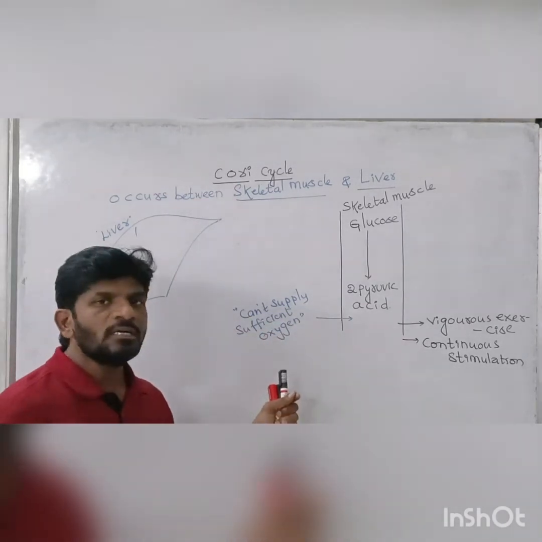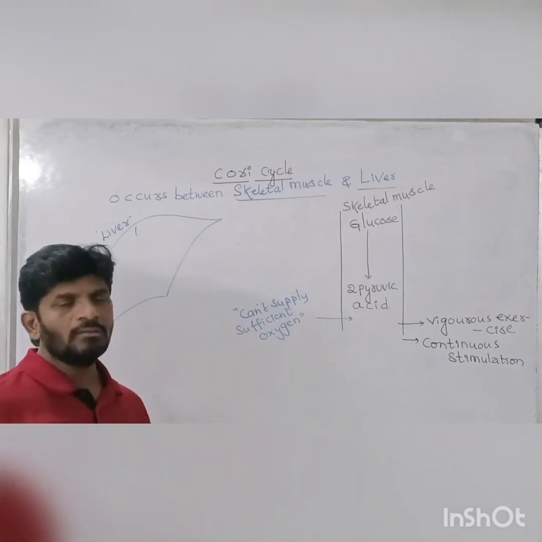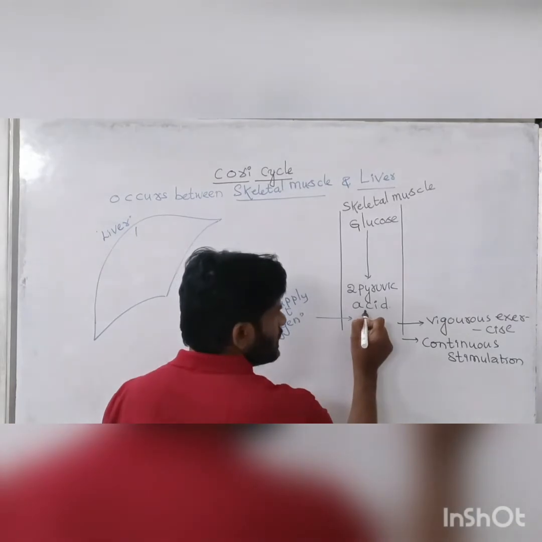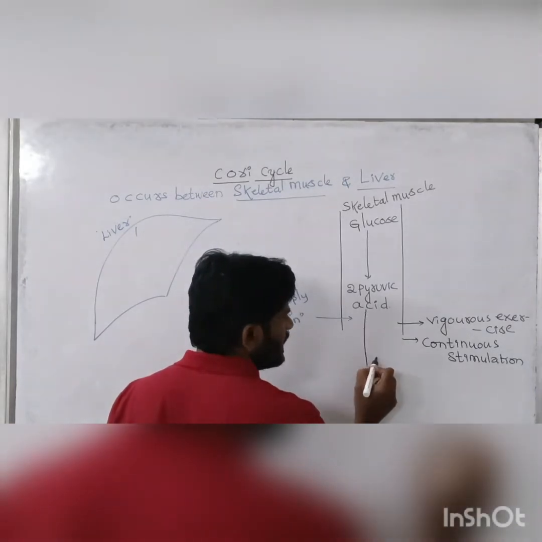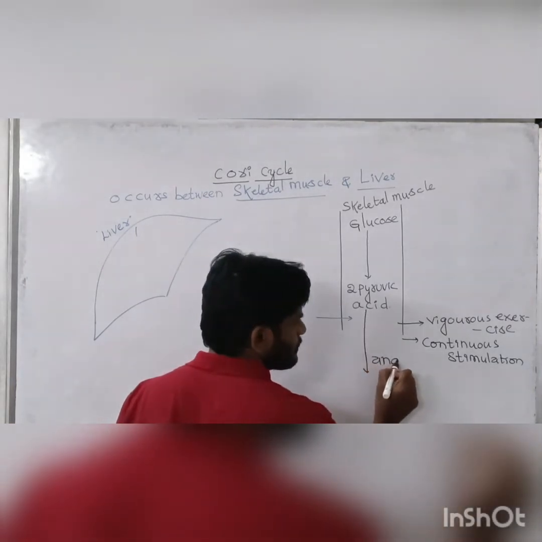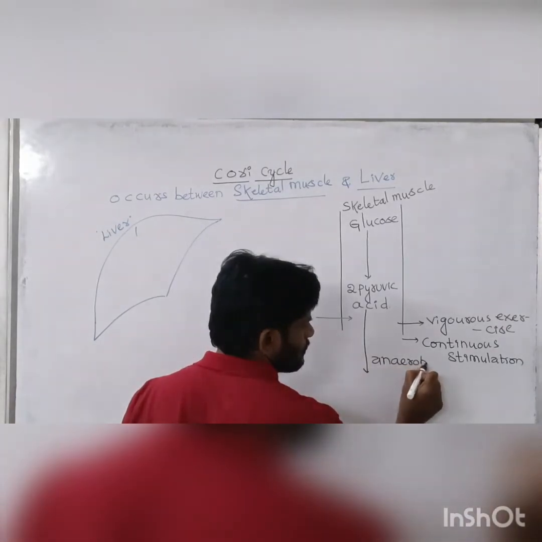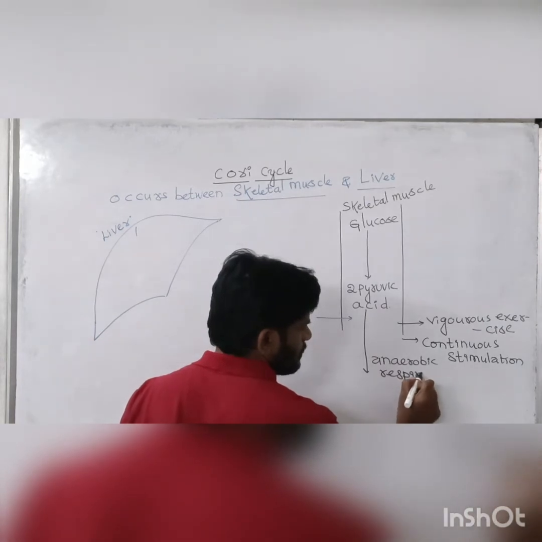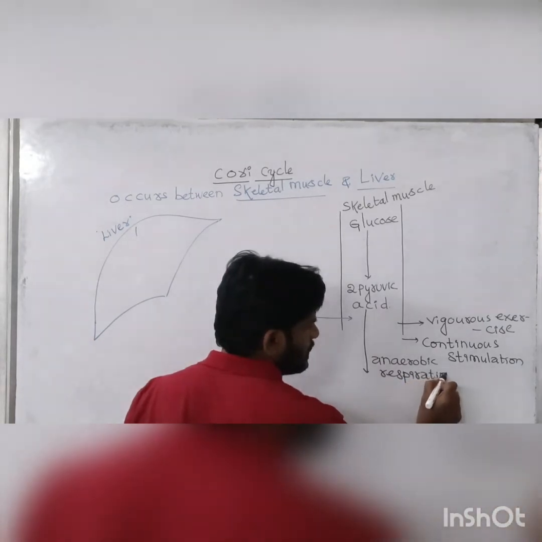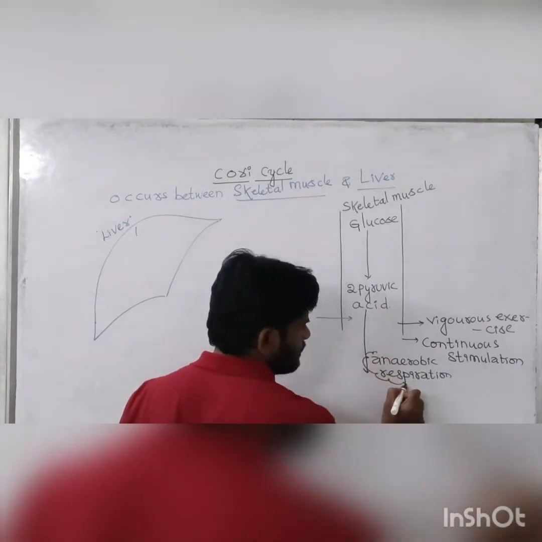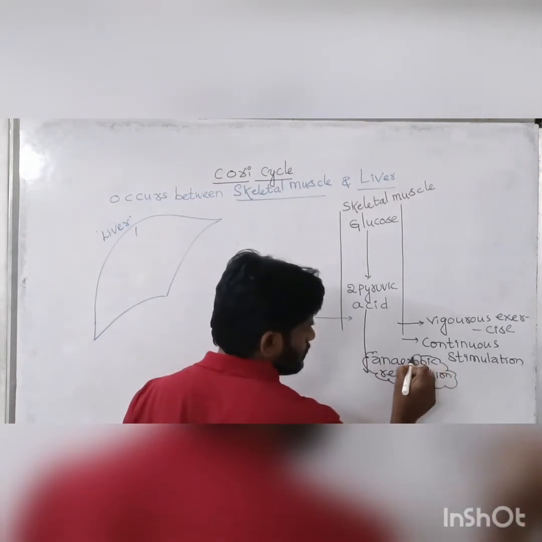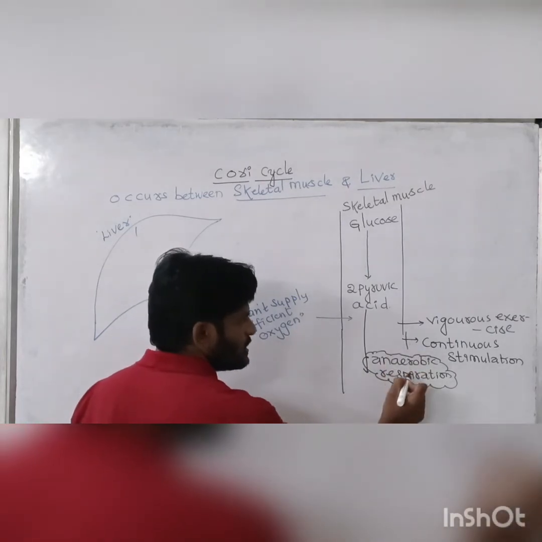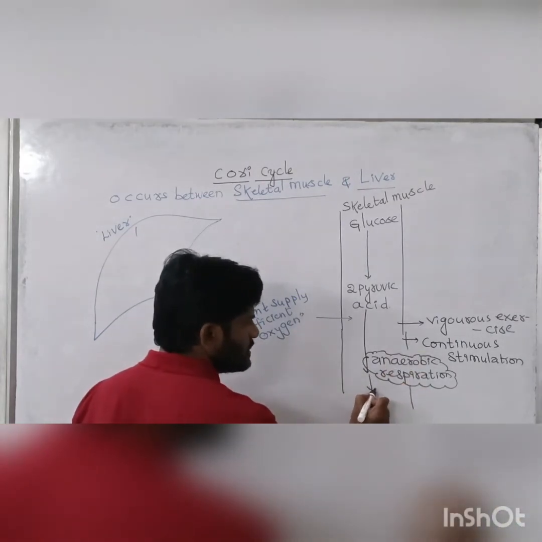When there is a deprivation of oxygen or insufficient oxygen in the skeletal muscle, in that condition, the muscle respires by anaerobic respiration. The byproduct of anaerobic respiration is lactic acid.